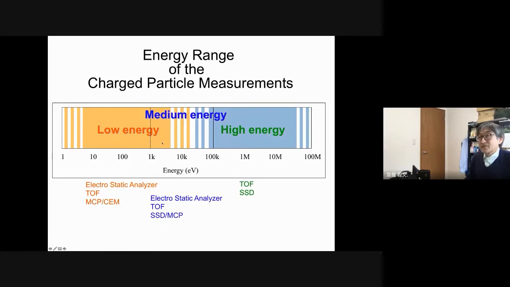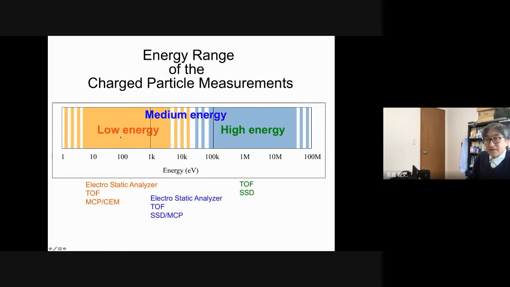This figure shows the energy range of the charged particle measurements. The energy range is separated into three regions: low energy, medium energy, and high energy, starting from 1 eV to 100 MeV. At present, the techniques to measure each energy range are different.